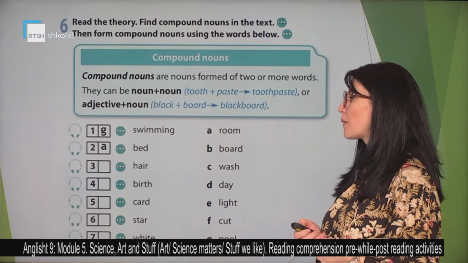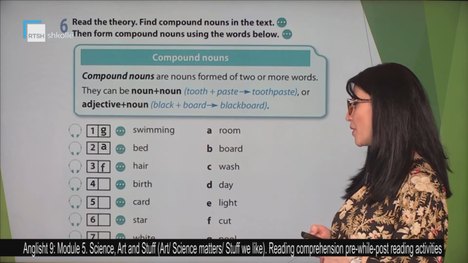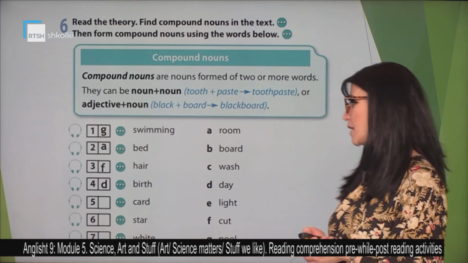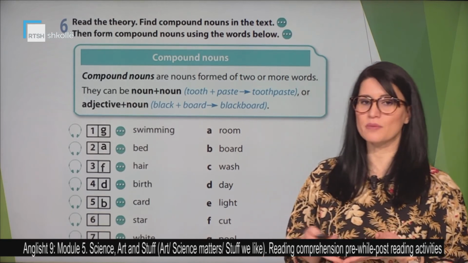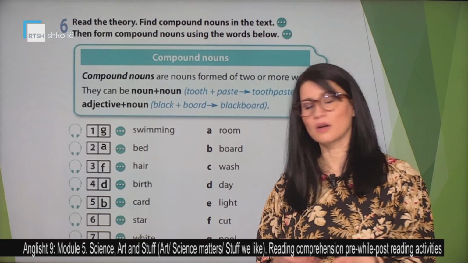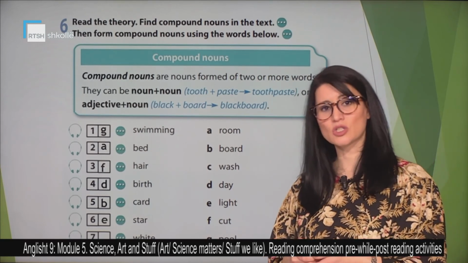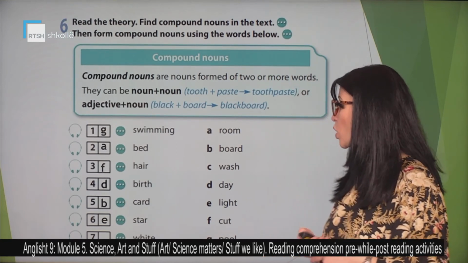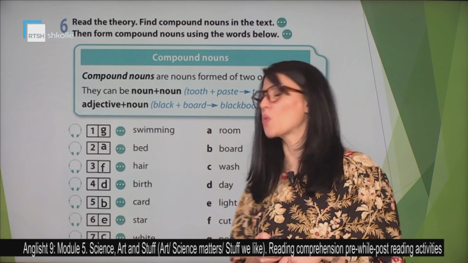Hair, haircut. Birth with the word day, so birthday. Then we have card matched with the word board, and they form the compound noun cardboard. Number 6, star is matched with light, so starlight. And the last one, white, is matched with the word wash, whitewash.